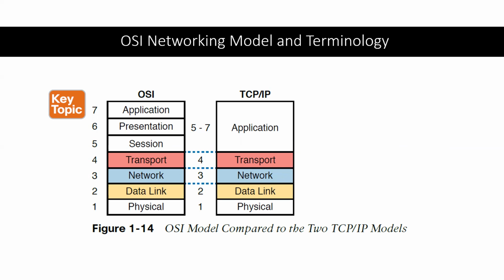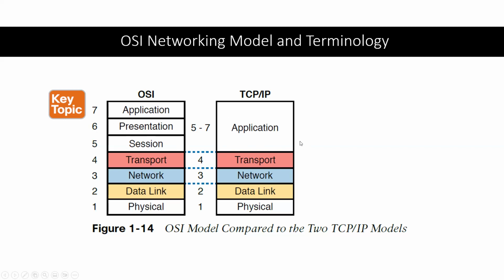Now, Gil, where you at? I'm here. Perfect. Your favorite part, the OSI model versus the TCP/IP networking model. This compares the two so you can see how it's broken up. The TCP/IP networking stack said, we're going to condense the OSI model's application, presentation, and session into just one layer.